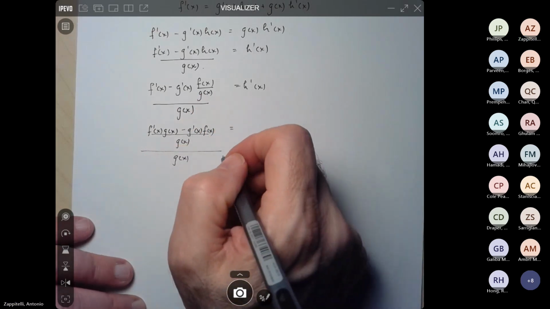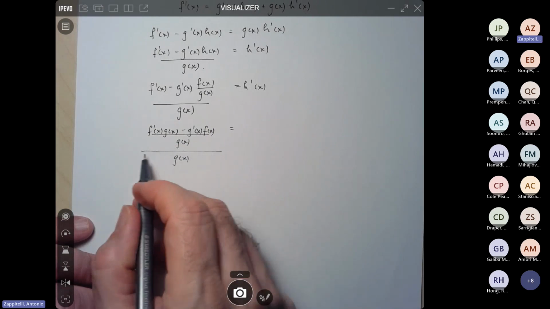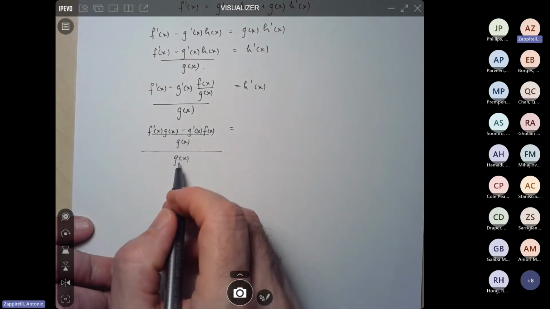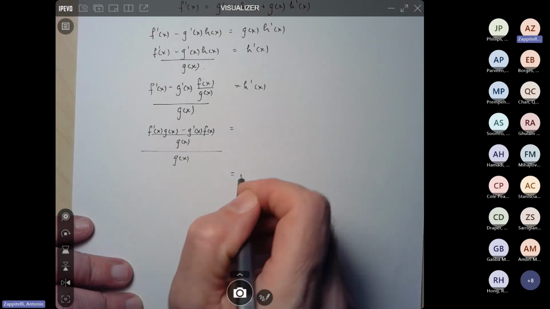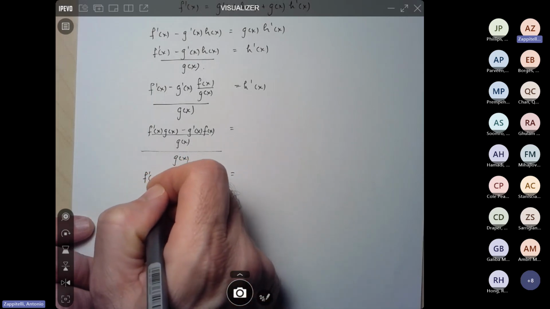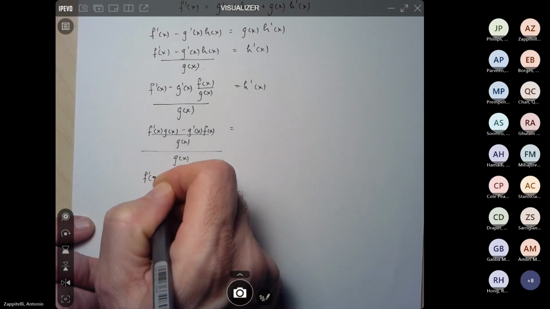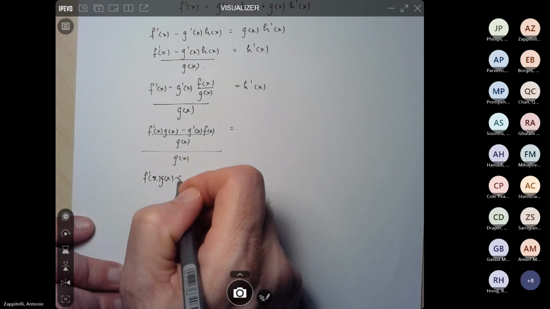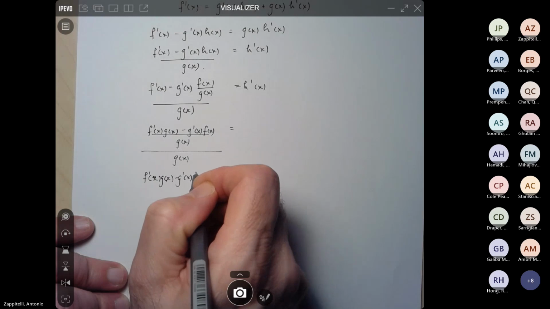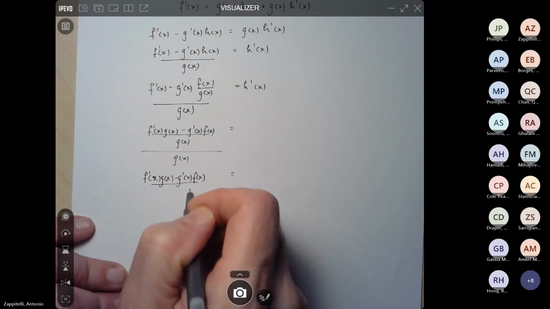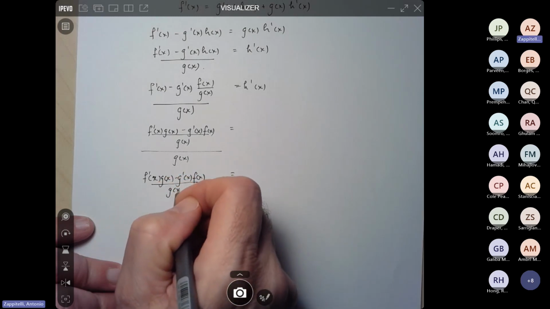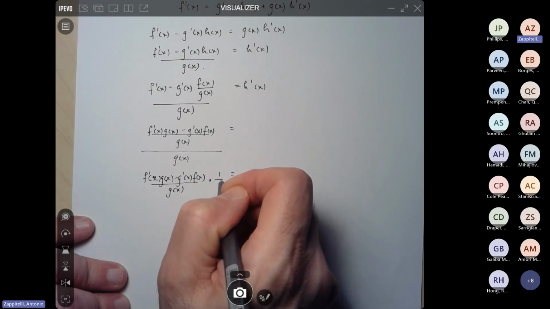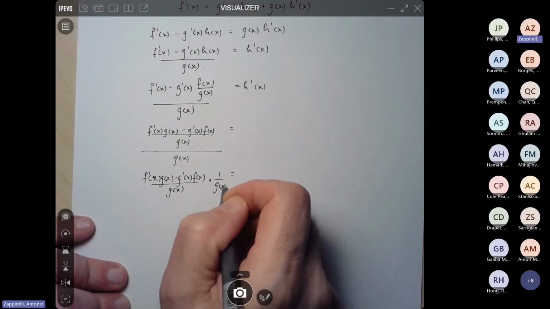Okay? But now wait a minute. This whole fraction is now being divided by g of x, and hopefully you know that dividing by g of x is the same as multiplying by 1 over g of x.